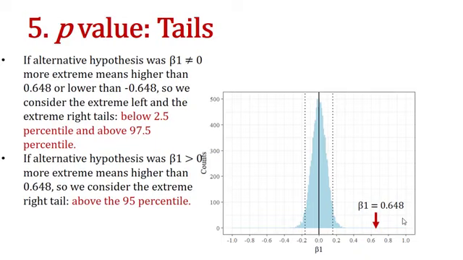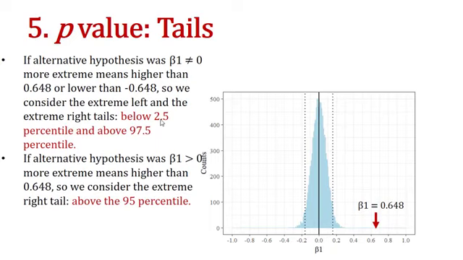Now if the alternative hypothesis was that it would be higher than 0, so it was a directional hypothesis, then we don't look at those values. We don't look at this tail. We look only at this tail.